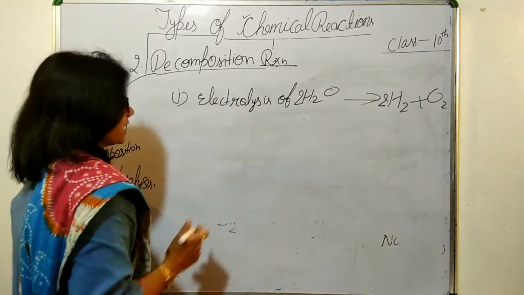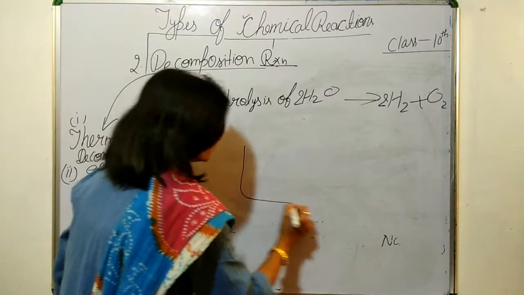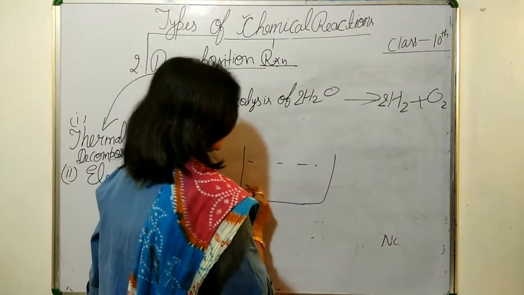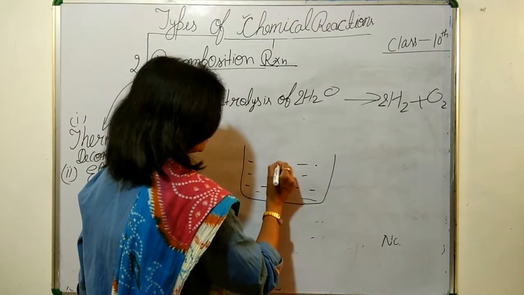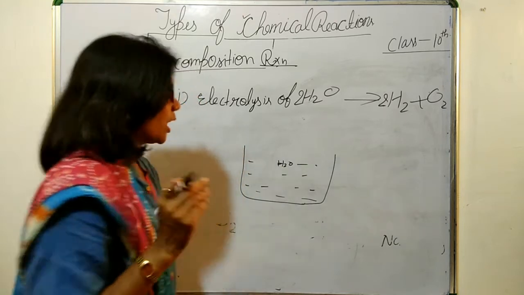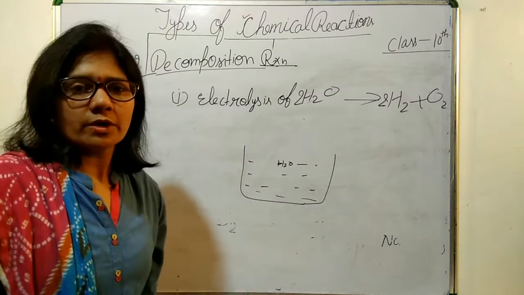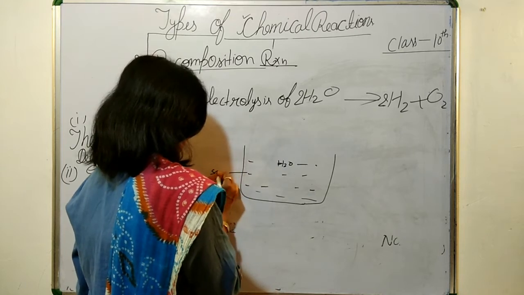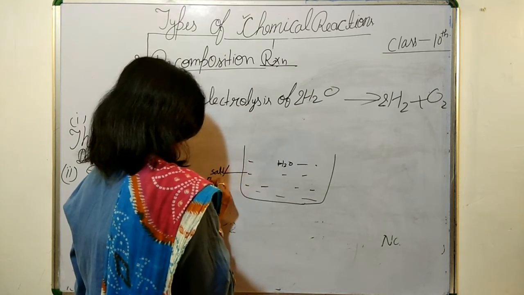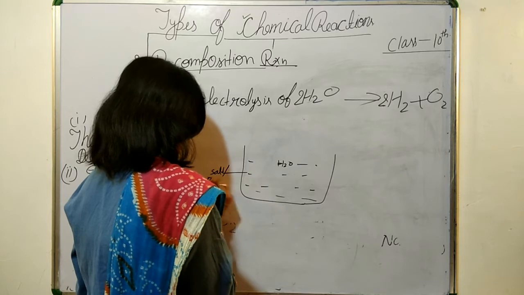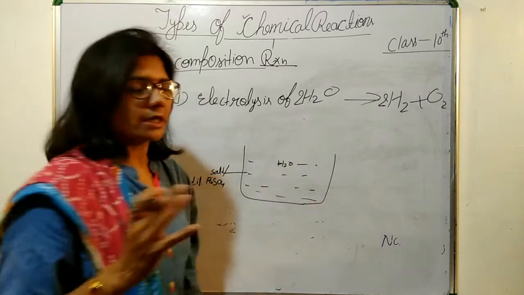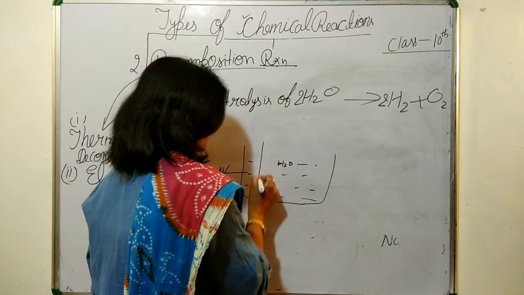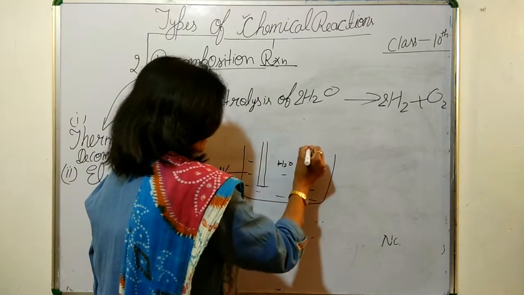So how does it take place? What do we have to do? Take one beaker with water. The water should not be pure or distilled. If it is pure, we add some salt or dilute H2SO4 to make it more conductive, so that it will conduct electricity. Then take two graphite rods.